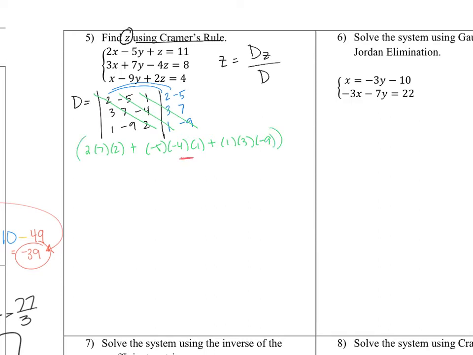Then we're going to minus, and let's go the backwards direction. So we're going to do this diagonal. There has to be 3 in a row. So that's why we added on those 2 columns. So we're going to have 1 times 3 times 2, oops, that was negative 5, plus, we'll do 2 times negative 4 times negative 9, plus 1 times 7 times 1.